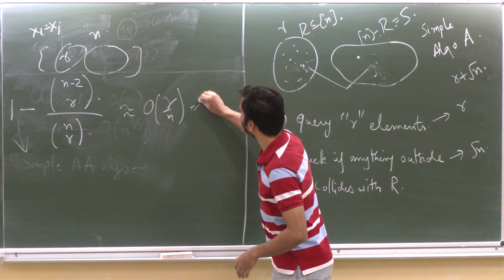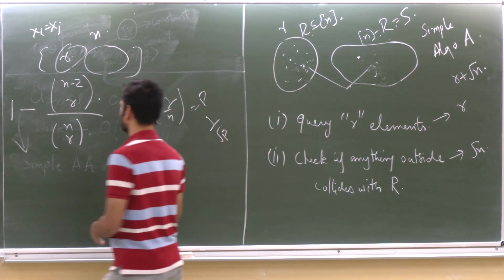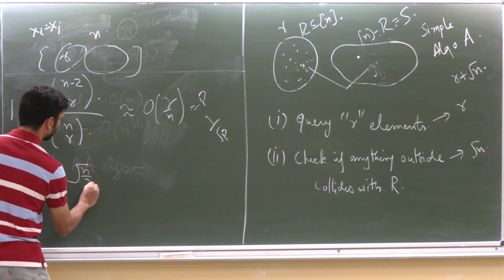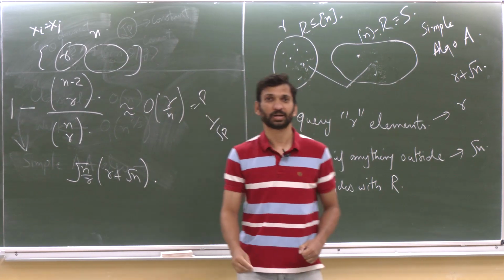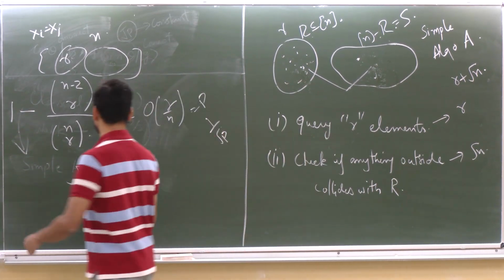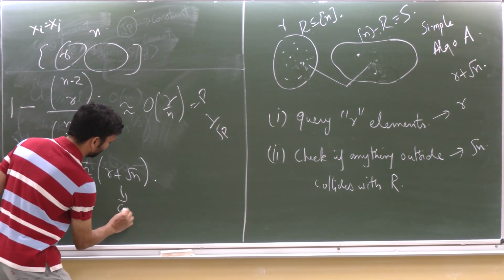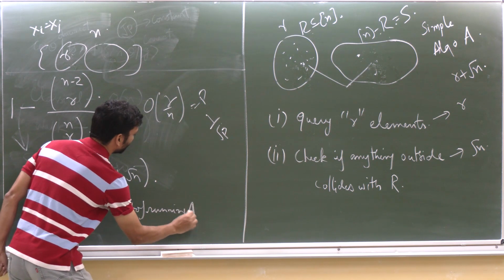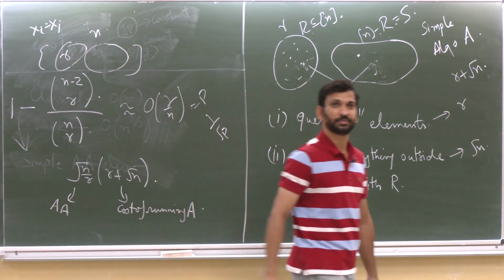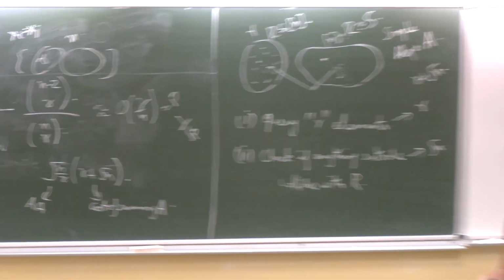This is P, right? So this is going to be my total complexity. This is because of amplitude amplification. This is the cost of running.